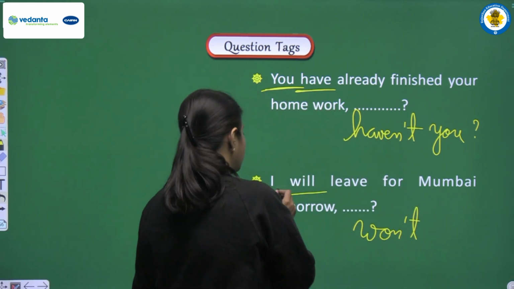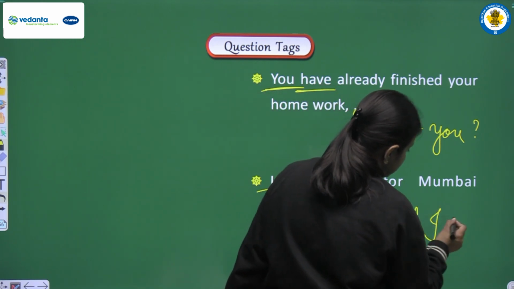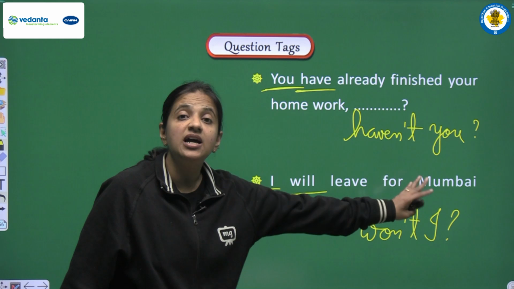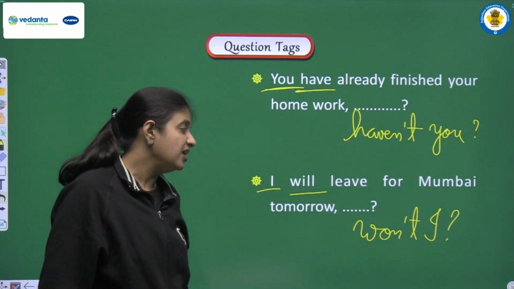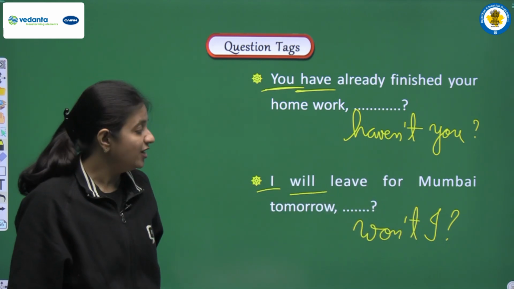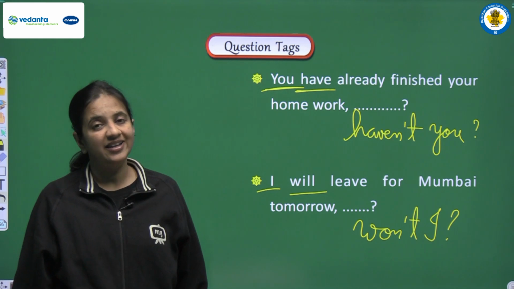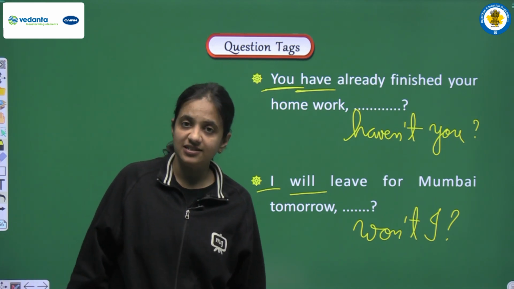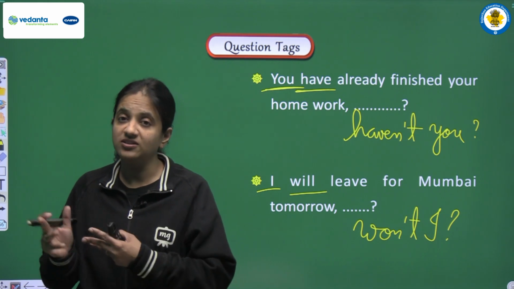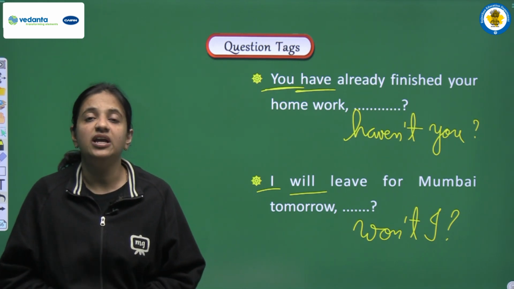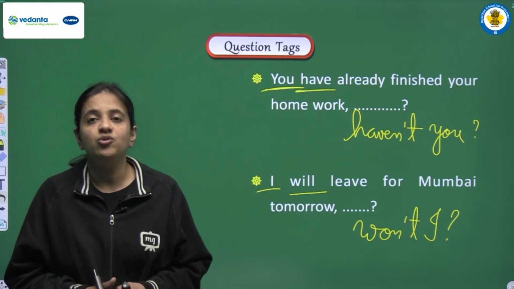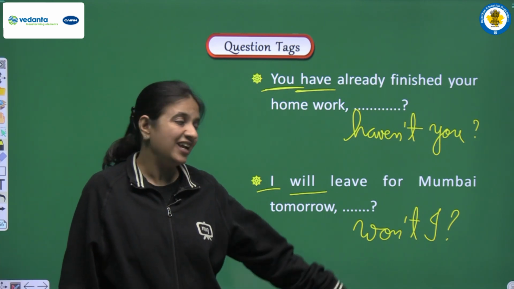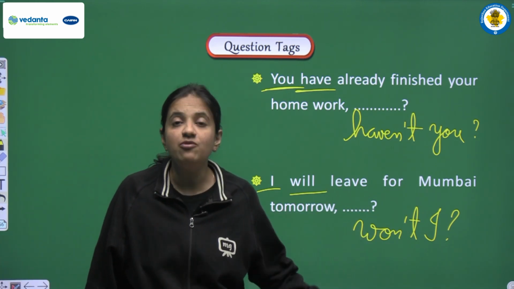And the question tag, we are having here I as the pronoun, so we will use the same I. So the question tag will be won't I, and the complete sentence will be I will leave for Mumbai tomorrow, won't I? Okay, so students, you have to learn that table that we have already discussed, in which we were having all the auxiliary verbs and their short forms when we add not to those auxiliary verbs. So you have to learn this thing, that will plus not will be won't.